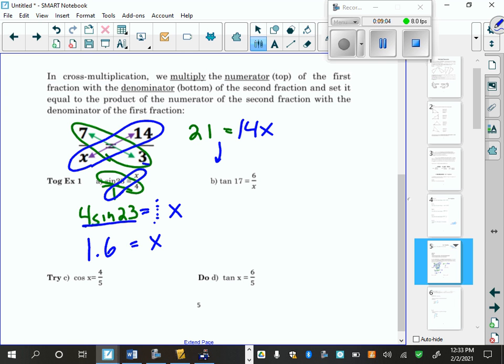We're also going to have two-steppers, when we cross multiply and we have one more step to do. That's what this one is. So let's move on to B, and we're going to create a denominator again. Put it over 1, as tan 17 doesn't have a denominator. And then we're going to cross multiply, top times bottom, or the numerator of the left side times the denominator of the right side, equals x tan 17.